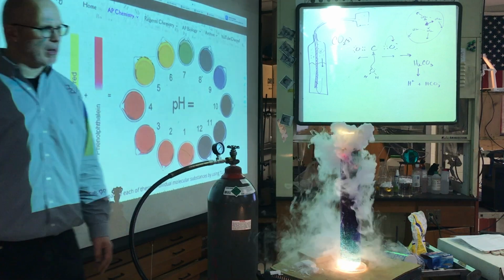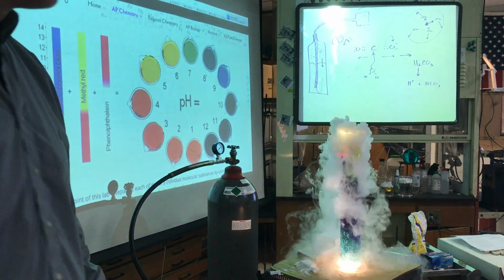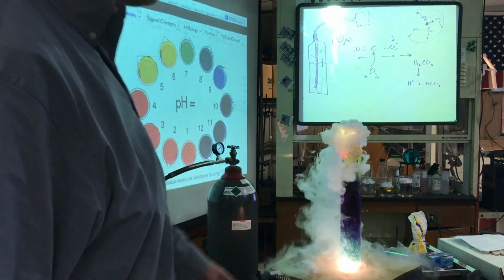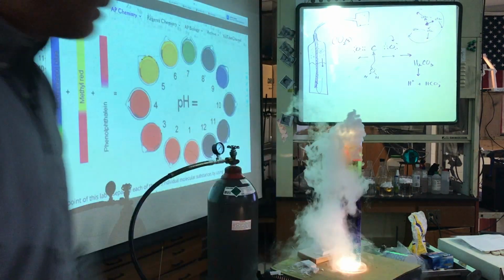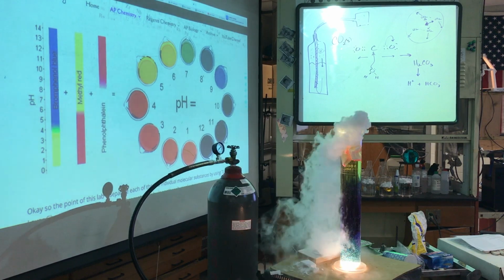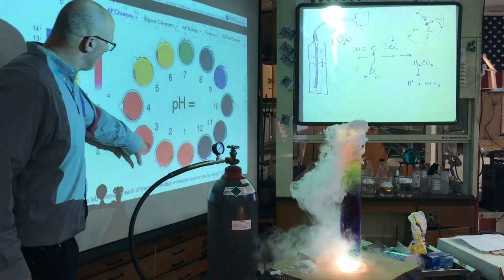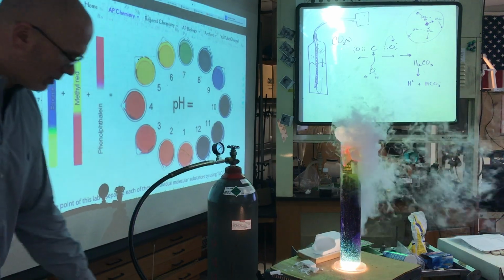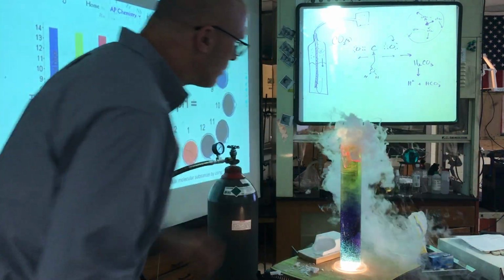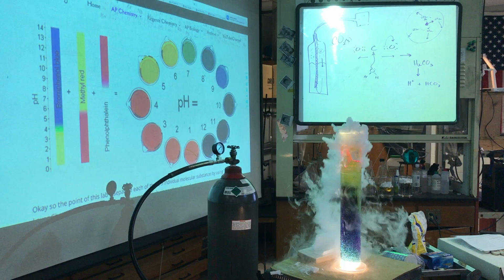I don't know if you can see, but what's happening to our colors? Yeah, because we're dropping an acid. I'm trying to get the full rainbow effect here. But so by the top, I should have a redder solution. And let's add some more juice.